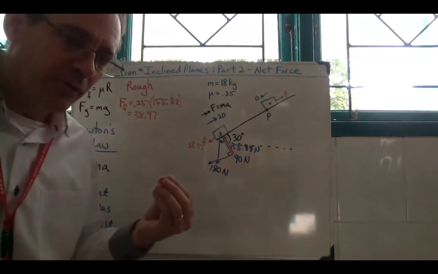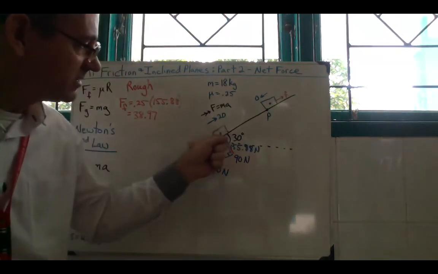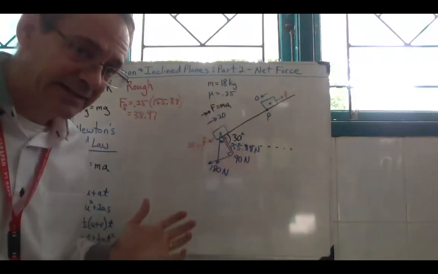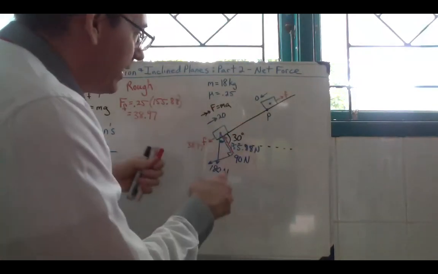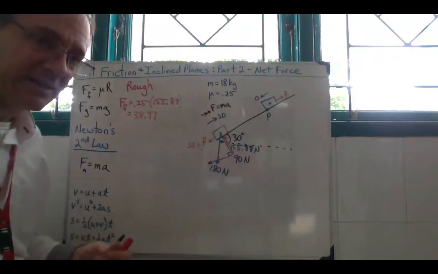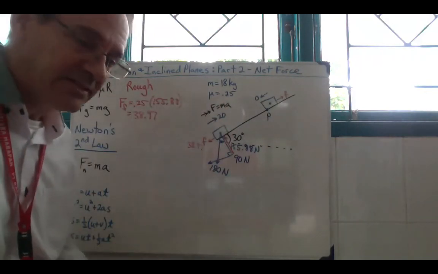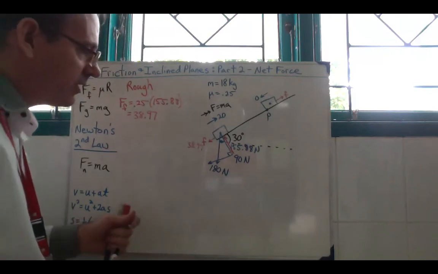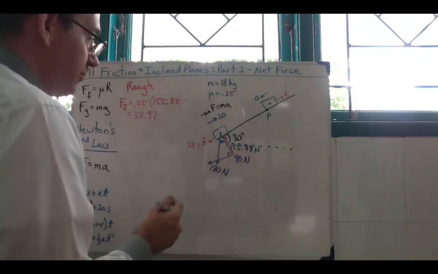So remember, what we're trying to solve is the velocity of this object when it gets back down the hill. Because net force is the same thing as mass times acceleration, we can now create an equation from this.